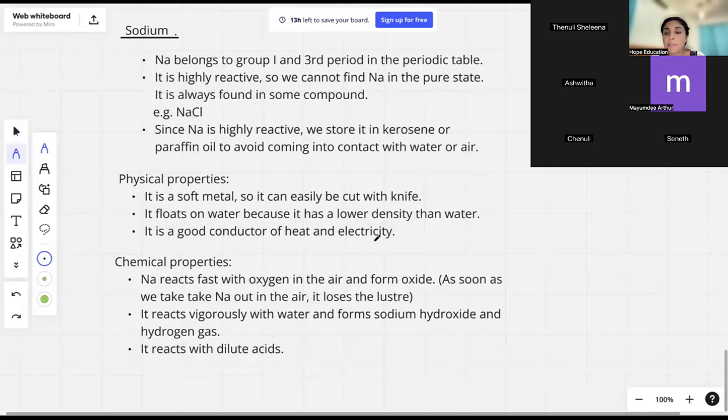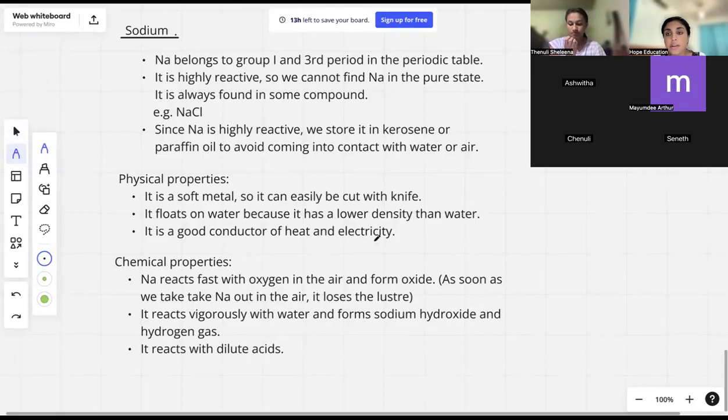Did you all understand up to this point? Yes, teacher. Teacher, the diluted acid has less power than the normal acid? Yes, it has less power. So that means it won't be as strong.